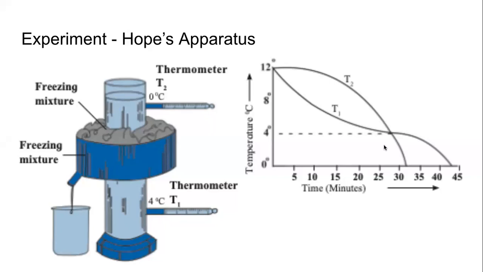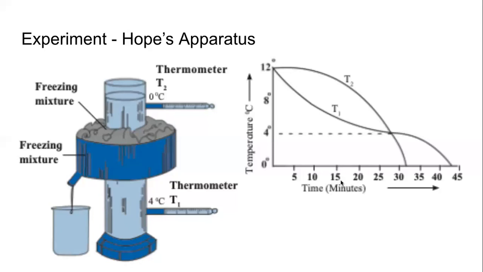And because the density is now decreasing, the water that has now become cold will go up. It will not go down anymore. From 0 to 4, the colder water will go down. From 4 to 0, the colder water will go up because now the density is decreased. And because the colder water is going up, the hotter water will come down.